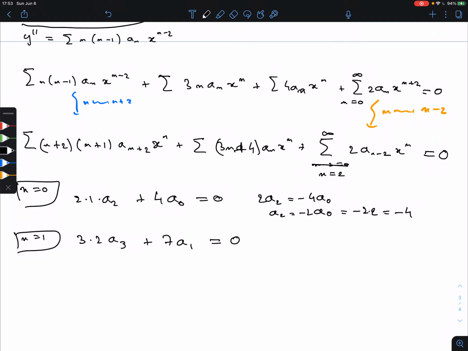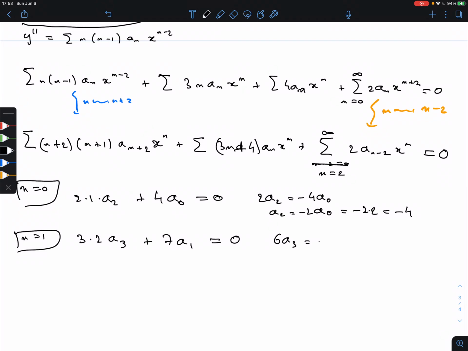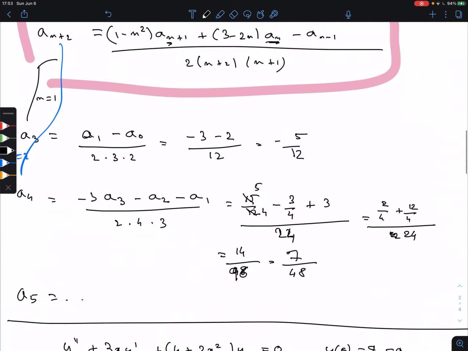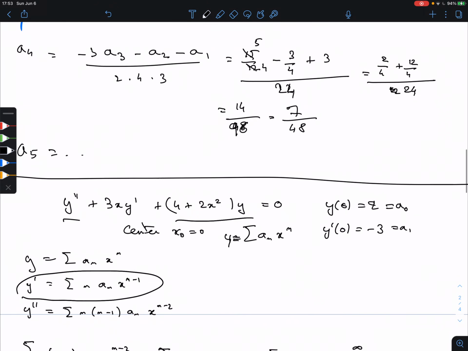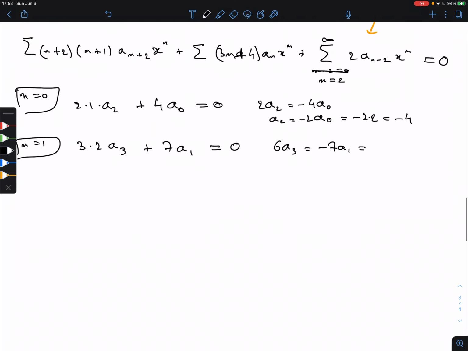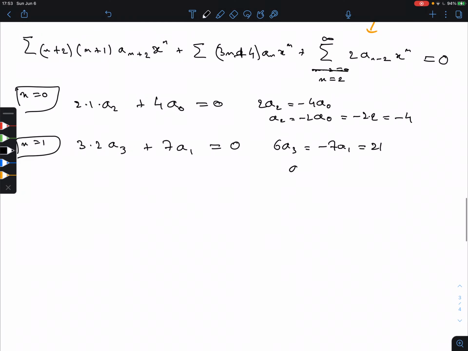So from there we can find a3. We see that 6 a3 is minus 7 a1, and a1 was negative 3. So this is 21, and a3 is 21 divided by 6, which is 7 halves. So far I write 7 halves, minus 4, okay, so I'm good.